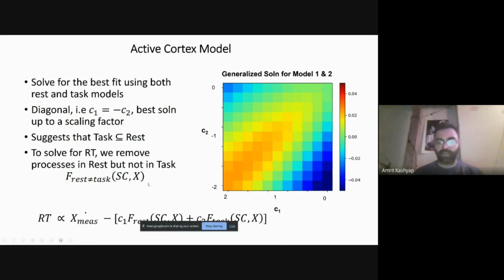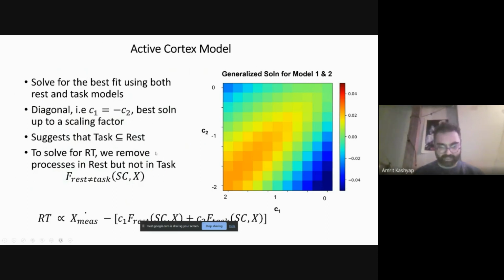We did a generalized sweep of this by having coefficients C1 and C2. And here we can see that all the diagonal elements, where C1 equals negative C2, fit the system best. So this equation is showing that you take the measured signal and remove the background processes that are only in rest but not in task.